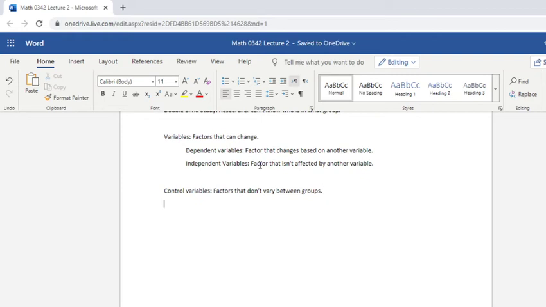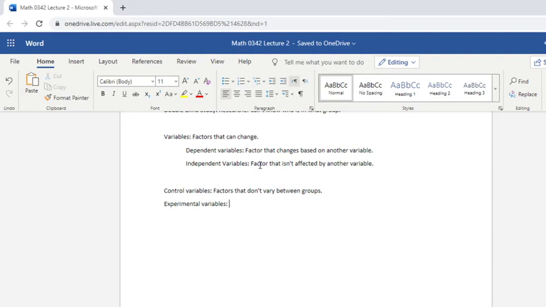Then we have experimental factors, experimental variables. Okay, so these are the things that we will change, but only change for the treatment group. The treatment group is the only one we want to have any changes with.